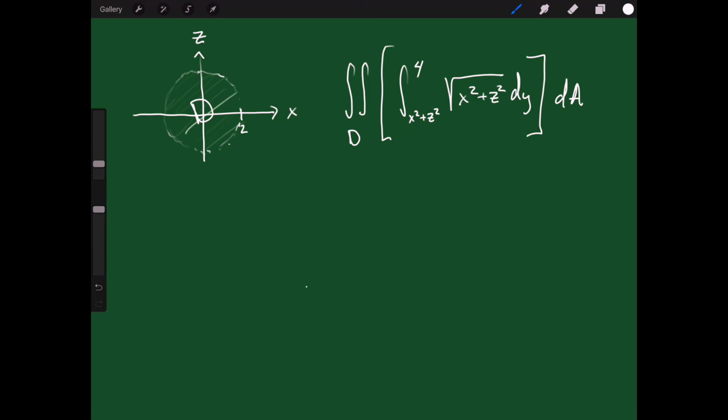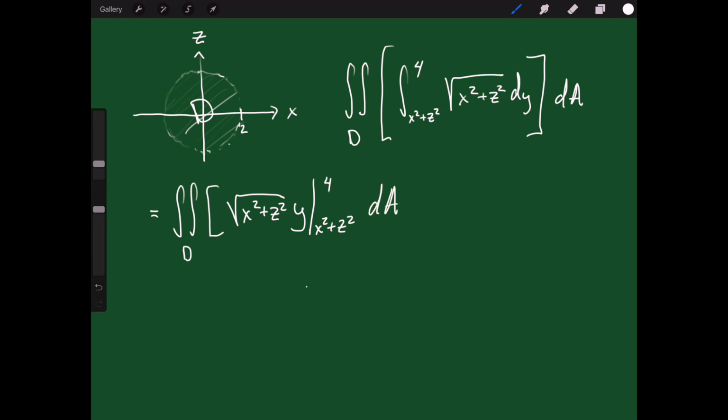Okay, so let's just do this inner integral and then deal with the D portion in a second. In terms of y, this is just square root of x squared plus z squared, y evaluated from x squared plus z squared to 4 dA. Let's plug it in, and I get the double integral over D of, if I plug in 4 for y, I get 4 square root x squared plus y squared. Oh, I'm sorry, z squared.